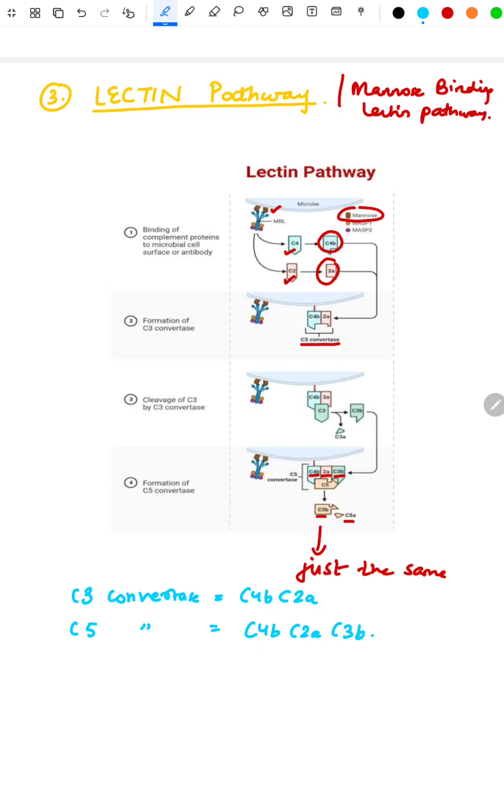Okay, and here basically C2 and C4 are involved, but C1 is not involved. So which complement is not involved? C1, right? I hope you got a good idea about these three pathways.